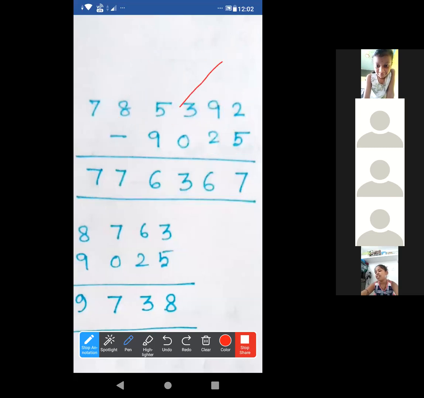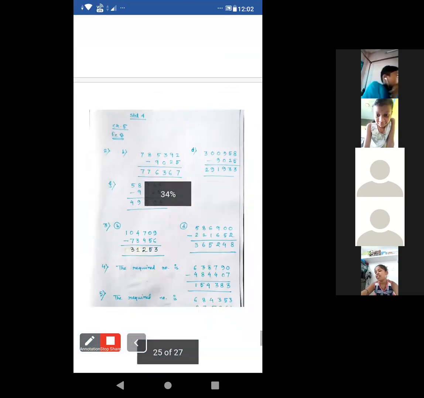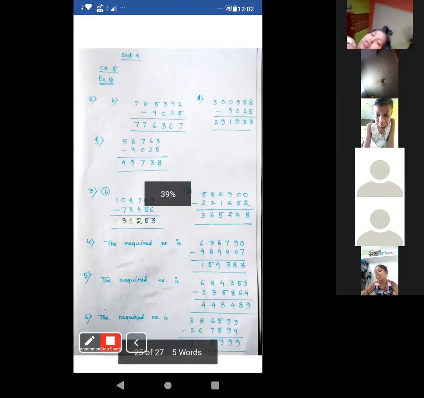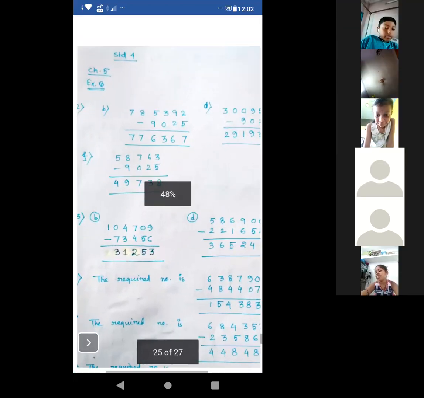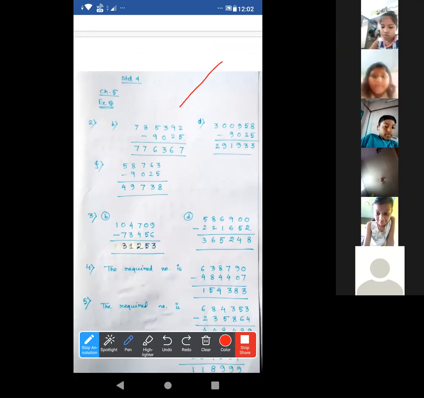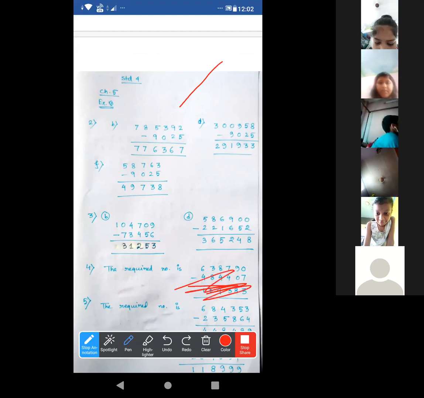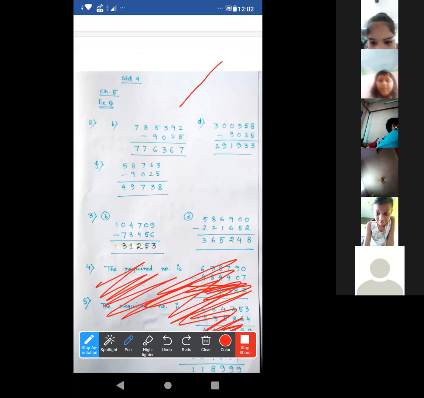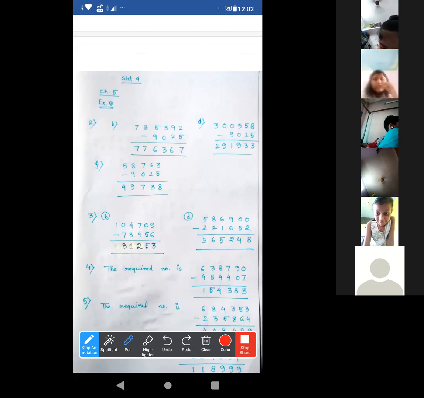Now let me show you all the questions. Achha, only 2 and 3 I am showing you. No need to do number 4 right now. Okay, and number 5. I'm covering number 4 and 5.